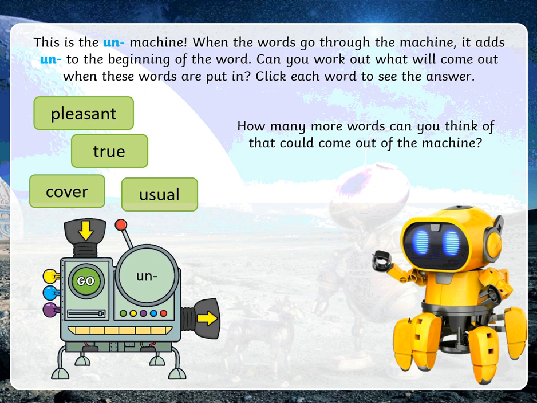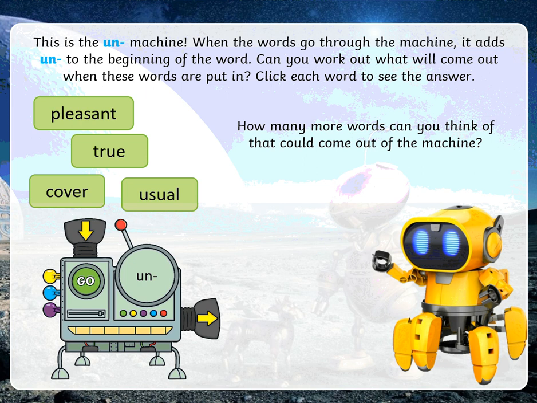Can you think of any other words you could put into the machine? So what we're going to do is I'm going to click on the words in just a moment, and you're going to see whether you've managed to add un correctly. So grown-ups, you may want to do this one at a time, or you may prefer to do all 4 at once and then write down any other un words that you and your child can think of.